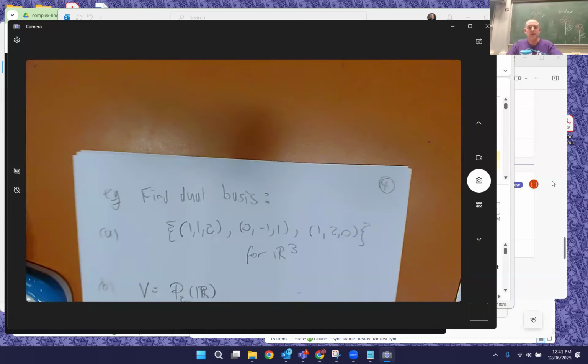One is to find a formula based on a, b, c that will write the coefficients. So if I have a vector x, y, z, and I can figure out what it is, then the function that sends x, y, z to this is the first basis vector's coefficient.